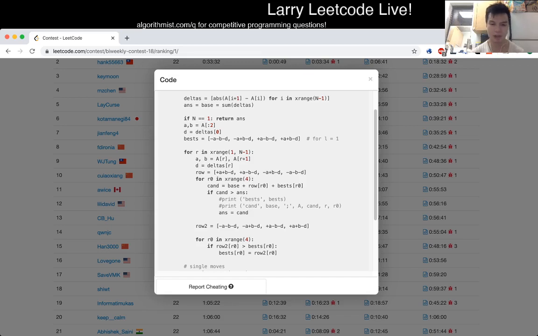This is a very clever way of implementing kind of the code that I had in my head a little bit. In that, this row and the row two are kind of mirrored, as you can see.